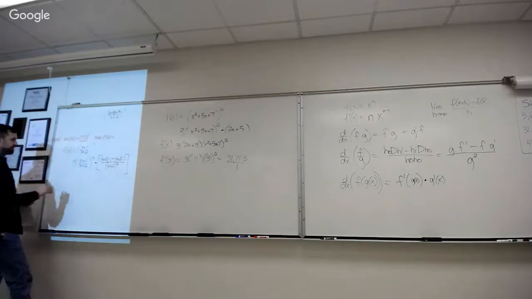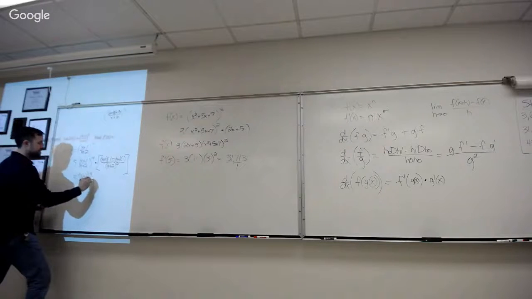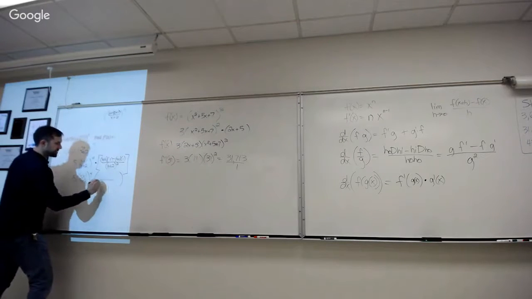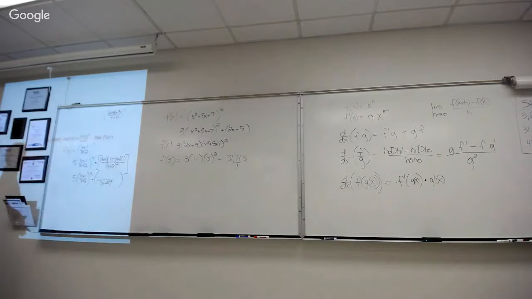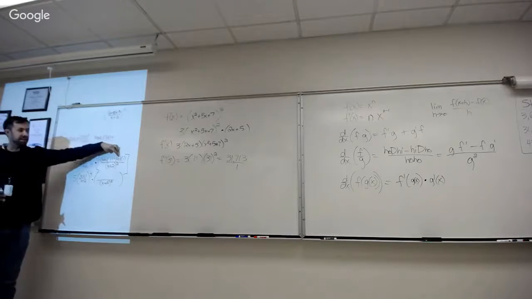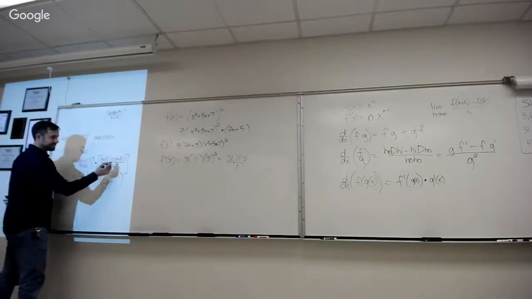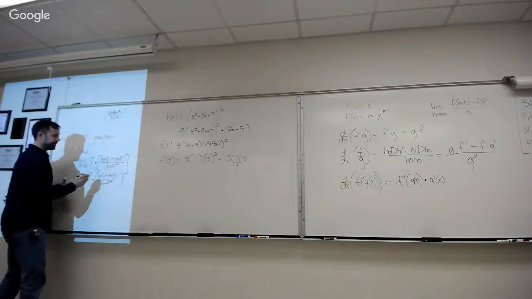So what do we have? We have 5 times the quotient of x plus 1 over x plus 2, all being raised to the 4th. And then we have what? We know the denominator is easy. That's just x plus 2 squared. What's happening in the numerator? When we distribute the 1 to those, it's just itself. So we have x plus 2 minus x plus 1.